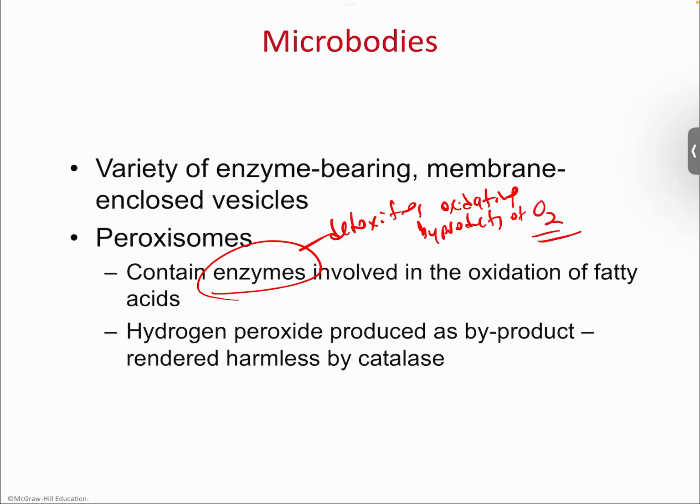Oxygen consumption is actually quite lethal. It can be as lethal as cyanide, actually. The only reason why we can survive is because we've got enzymes in our peroxisomes that detoxify these really nasty oxidative byproducts. We're talking about things like free radicals and superoxides.